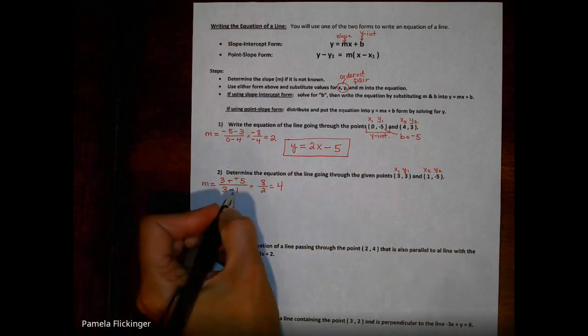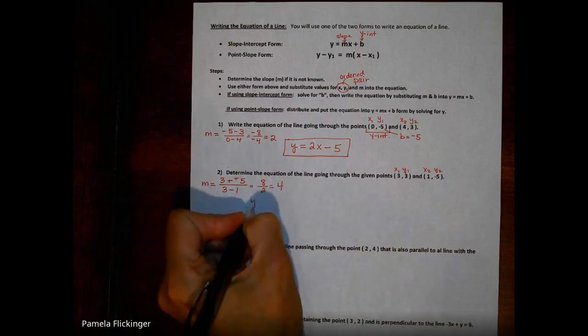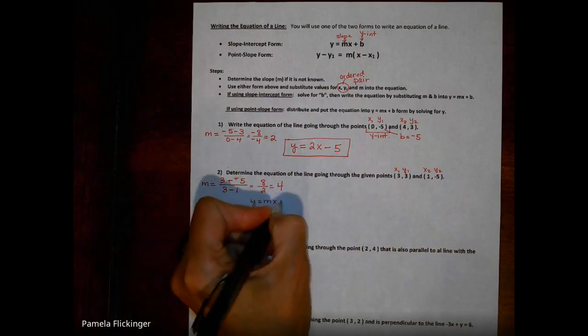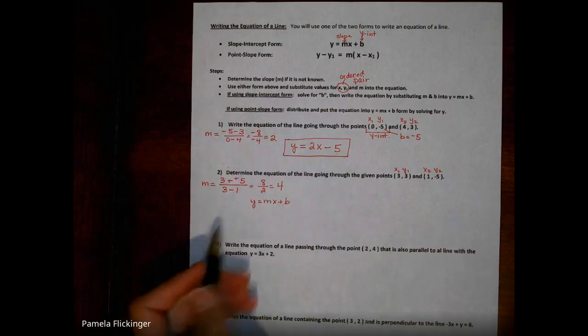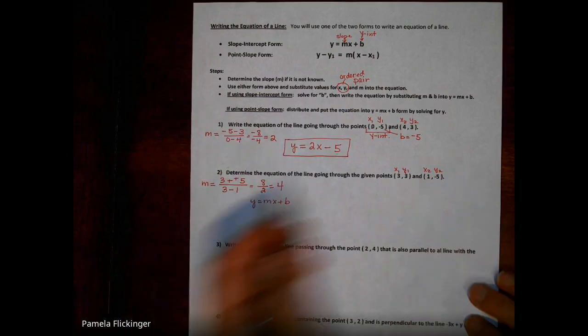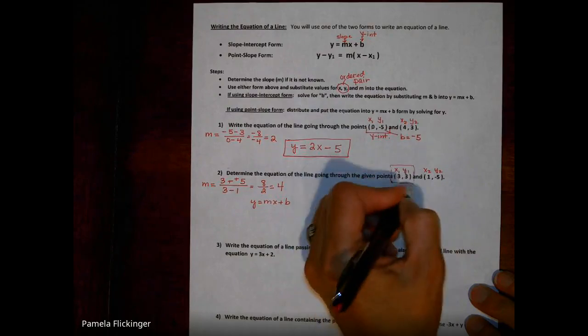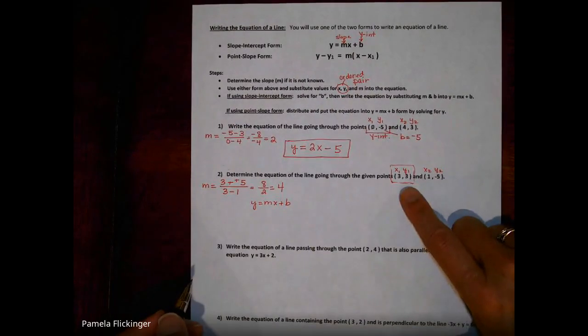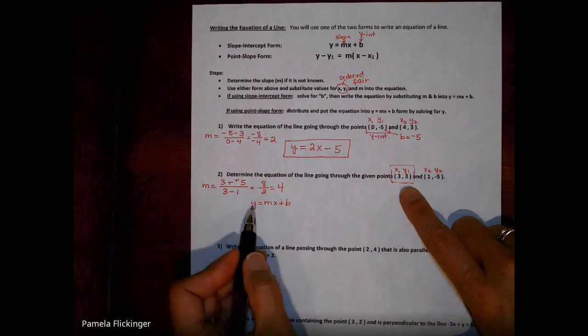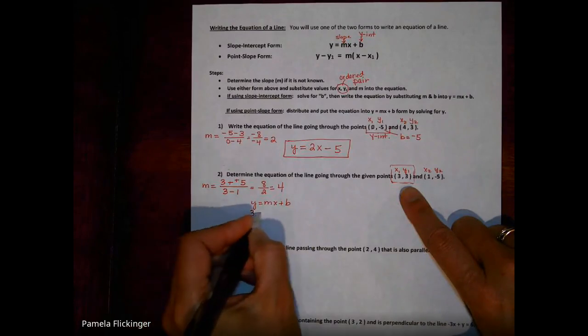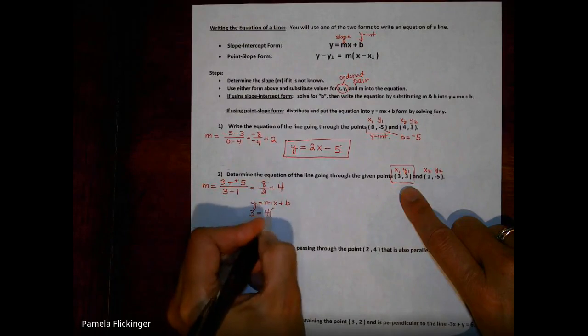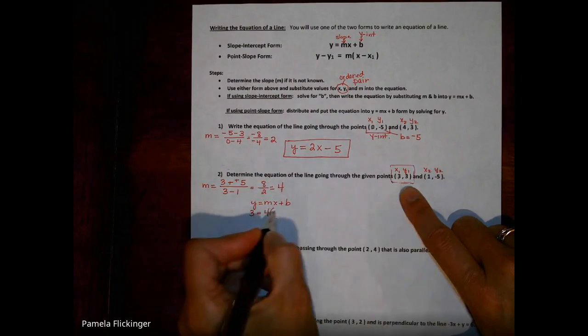Now, if I'm going to use y equals mx plus b, told you I was going to do this both ways. All right, then let's pick, and I'm going to pick this ordered pair. You can use either one, but I'm going to pick the one with the 3 and the 3. So I put the y coordinate in for y. I put the 4, because that's my slope, in for m. And then I put the x coordinate in for x.